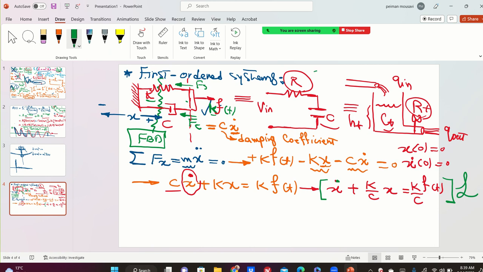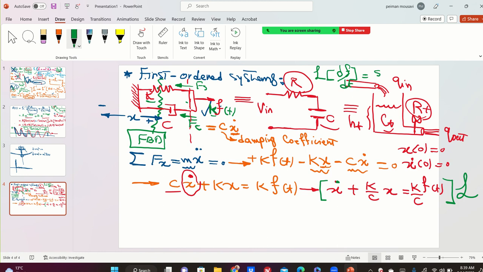Refreshing your mind, based on the table of the Laplace I told you, the first order derivative of a function is going to be s F(s) minus f at 0. Remember? If you look at your Laplace table, it's going to be like this.